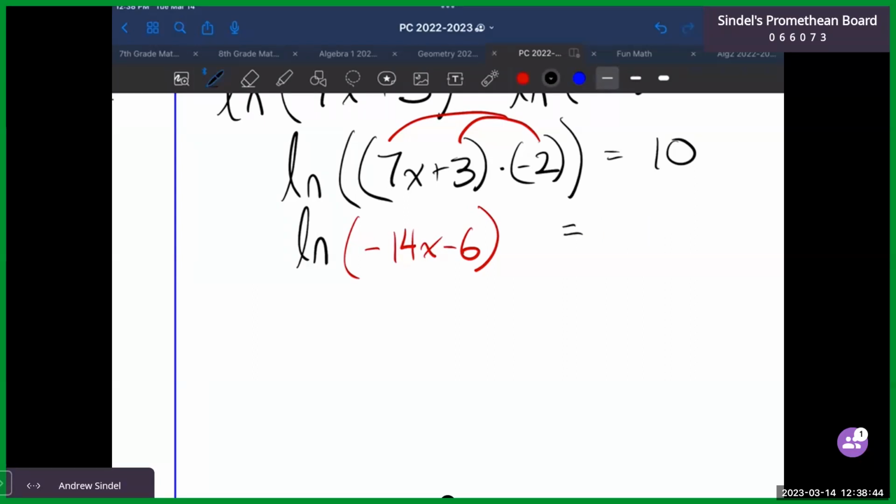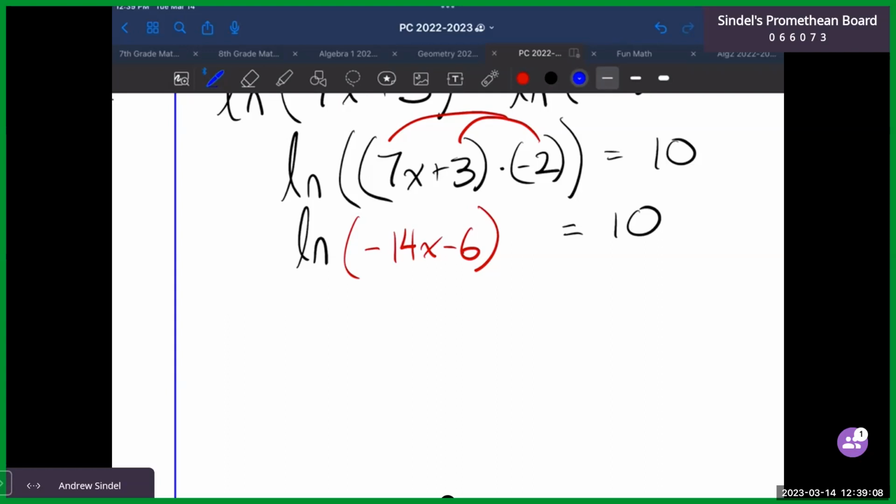Let's give this one to Alden. Alden, what do we do next? You add 6 on both sides? Good guess, yes.